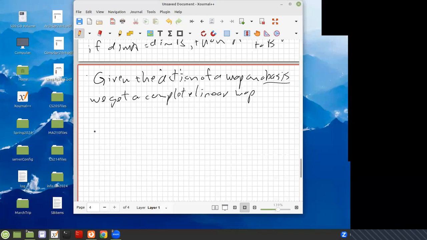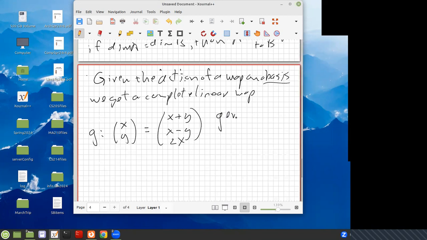Let's say I have a linear map G that takes us from R2, (x, y), to (x plus y, x minus y, 2x). This is what I mean by the general formula for a map.